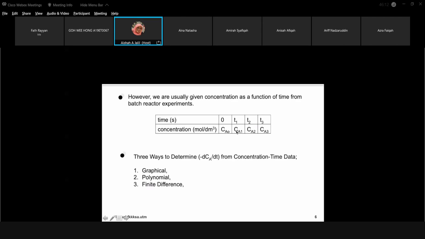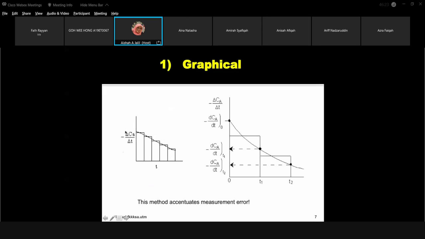Delta means this minus this over this minus this, right? Delta CA over delta T. And then when you get that, you can draw this histogram, from the delta graph.